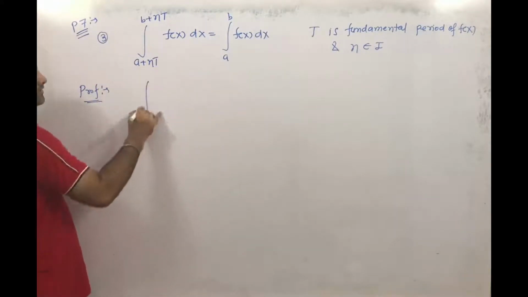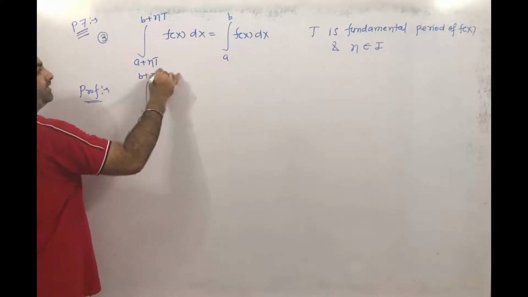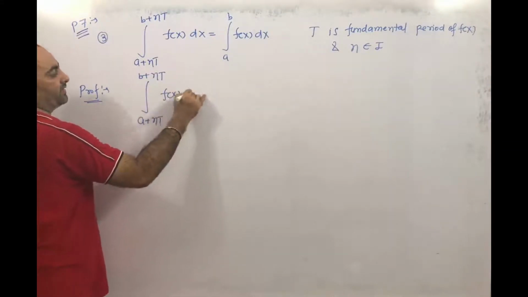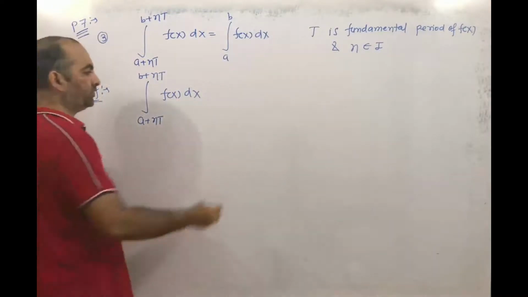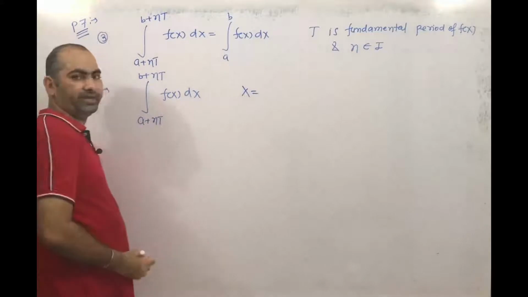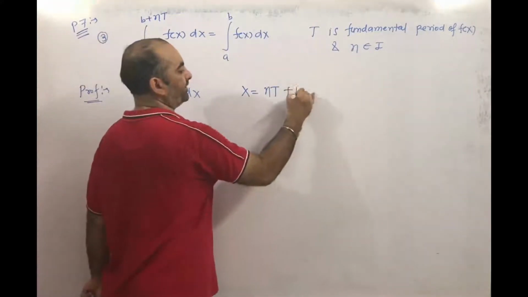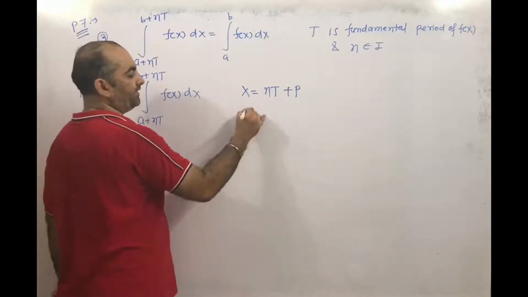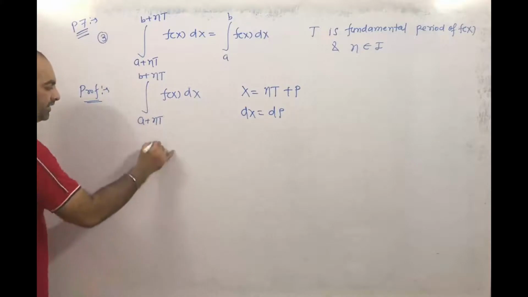Integration from a plus nT to b plus nT of f(x) dx. Here we have to do a simple substitution. Instead of x we put nT plus p, so dx equals dp.